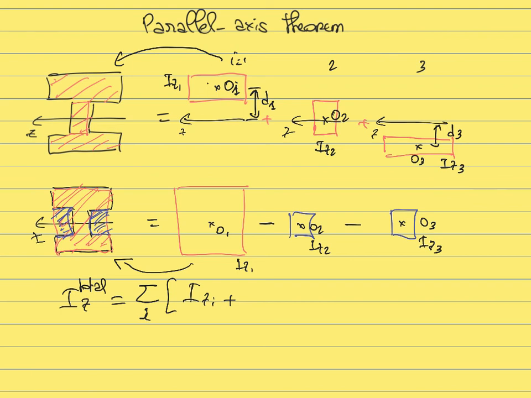So then the formula that gives you the parallel axis theorem is that the total moment of inertia of the complex shape is equal to the sum over all the subsurfaces i of first their intrinsic moment of inertia, the moment of inertia of each surface i, plus the distance between the centroid of the surface and the z-axis, so di, squared, times the area of the surface i.